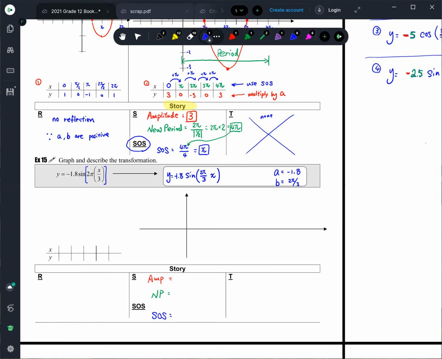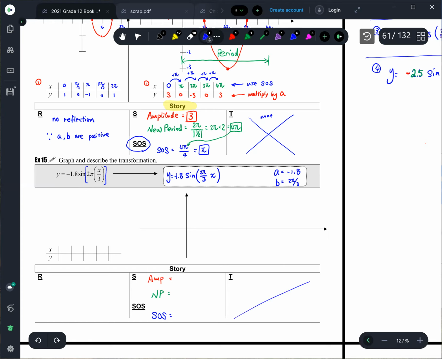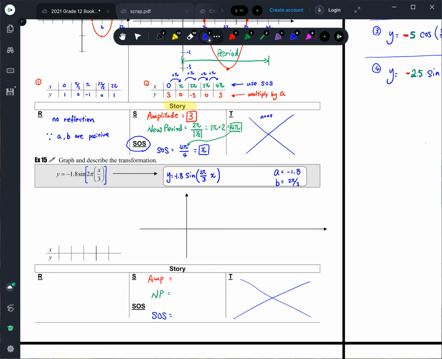Only do the story right now. Translation is still none here. There's no add and subtract, so no translation. Complete the R and S, and then raise your hand.